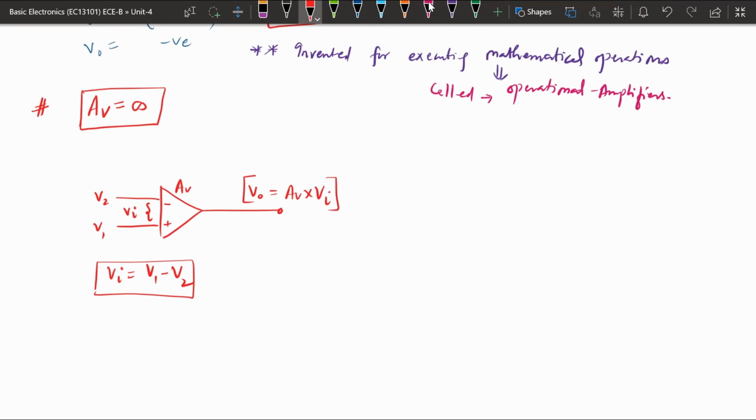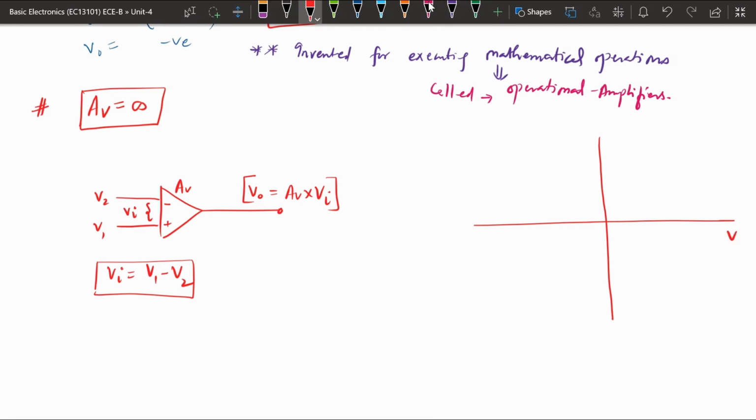So with respect to that, we will have the input output relation, like how the plot is going to be.